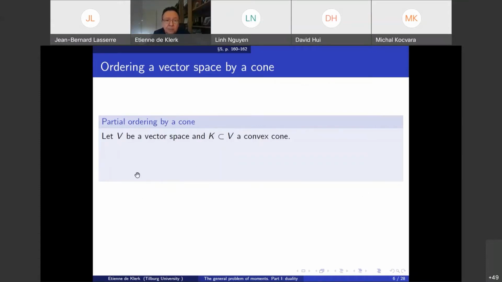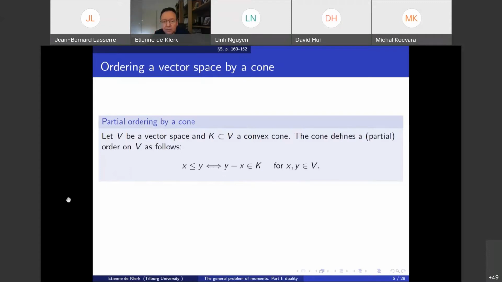Now the cone defines a partial order on the vector space by saying an element X in the vector space is smaller or equal to an element Y if and only if Y minus X belongs to the cone.